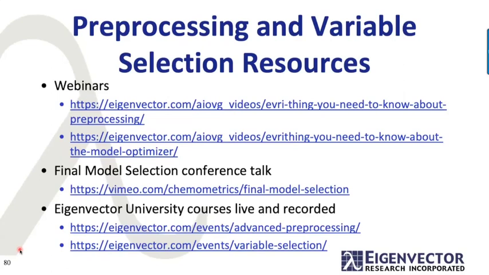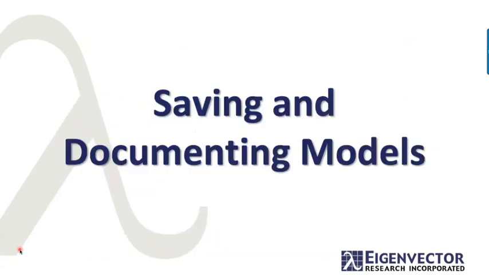You can find that at the link there on Vimeo. And of course, we teach classes at our Eigenvector University, and we have them recorded also, in advanced preprocessing and in variable selection.